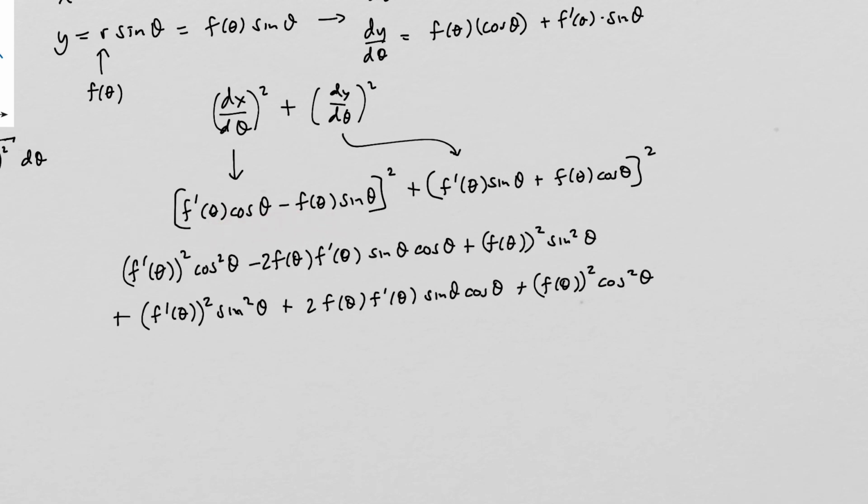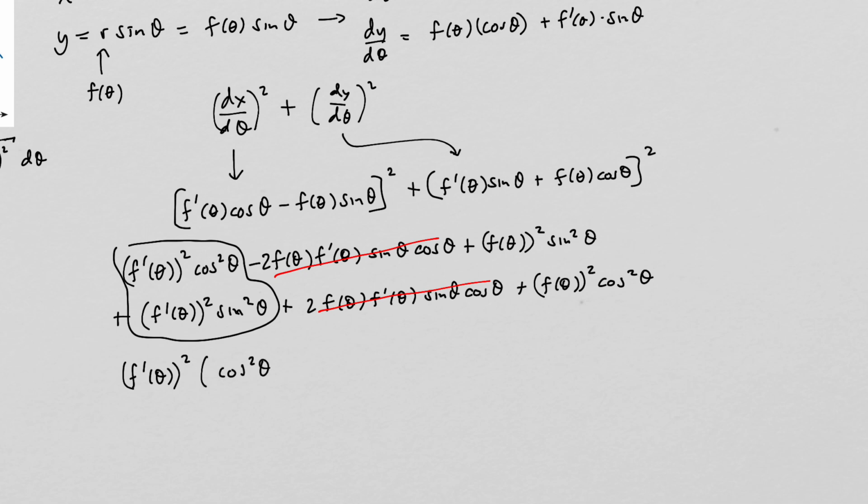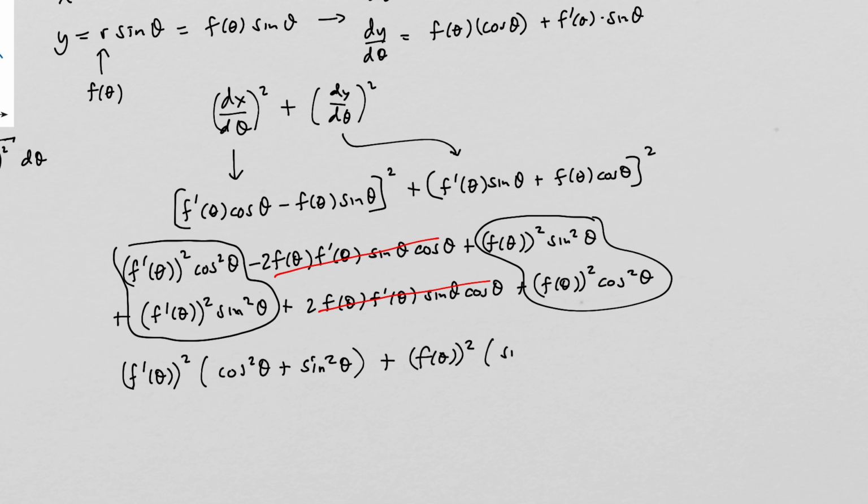So here is the first one multiplied out, and here is the second one multiplied out. Now we're going to add these together, and I want you to notice that these cancel each other out. And for the rest of them, I'm going to add these two together and factor out f prime of theta squared. So I'm going to have f prime of theta squared times cosine squared plus sine squared, plus, and then when we add these together, I will factor out f of theta squared, and we will have sine squared of theta plus cosine squared of theta.